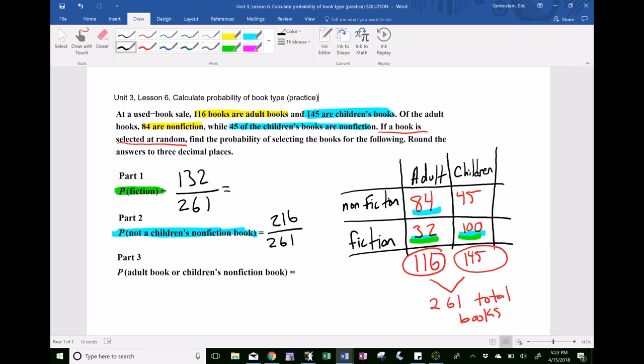And then for part 3, what's the probability it's an adult book or a children's nonfiction book? So for adult, we have the 84 and the 32, or children's nonfiction, so that's the 45.